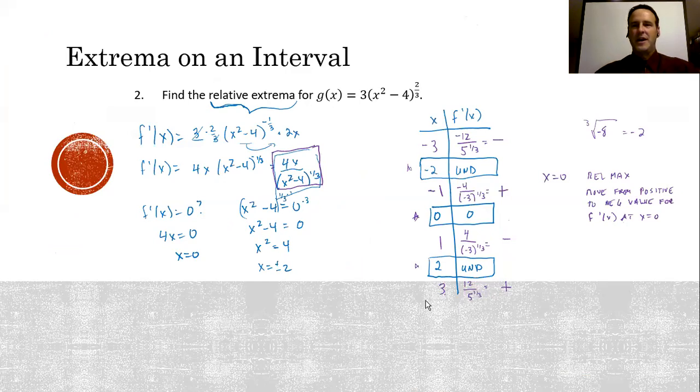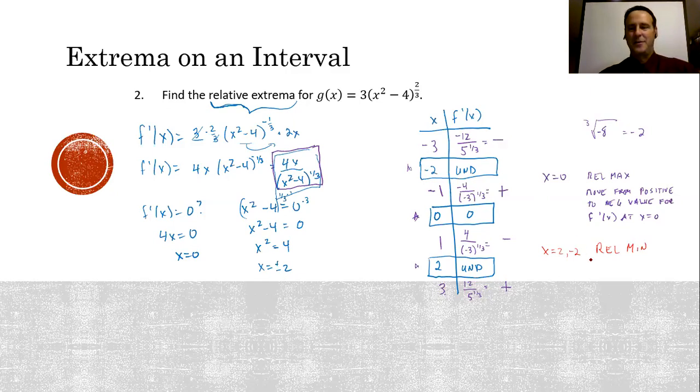So I can say the same thing for both -2 and +2. At -2 and +2, we have some relative mins. And not because I cheated and looked, but because it gave me some ideas with respect to this t-chart.